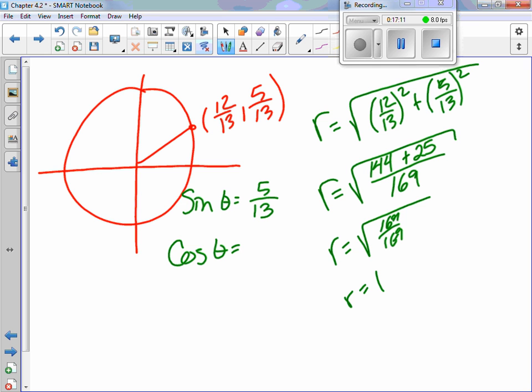So it's only to find sine, cosine, tangent, secant, cosecant, and cotangent. R is 1. So it worked out when we did this here, we got 1.